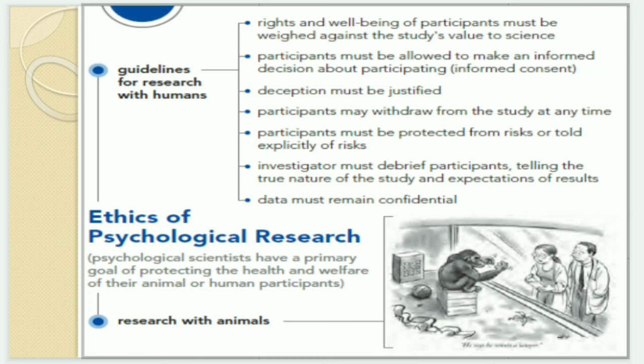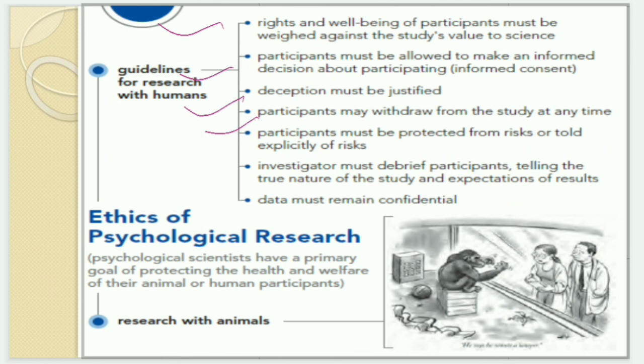Guidelines for research with humans, ethics of psychological research. The rights and well-being of participants must be weighed against the study's value to science. Next, participants must be allowed to make an informed decision about participating, informed consent. Deception must be justified.